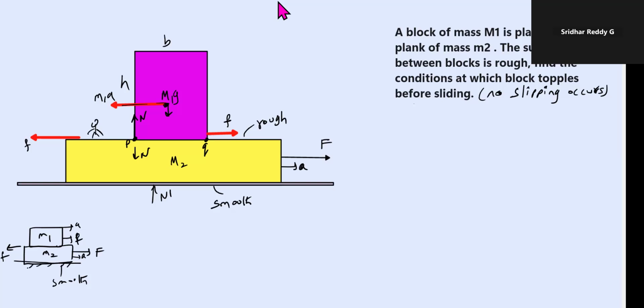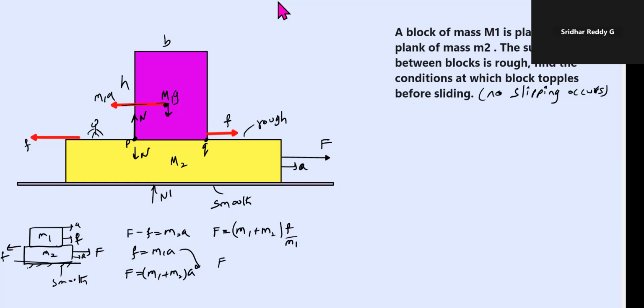Then F minus f equals m2 a. Adding these two, F equals (m1 plus m2) a. Substituting this acceleration, the friction will be F by m1.